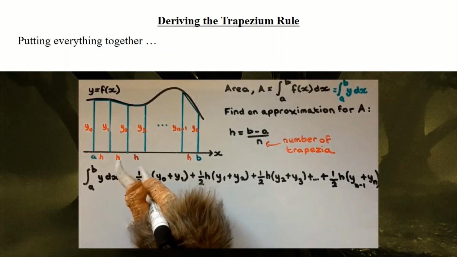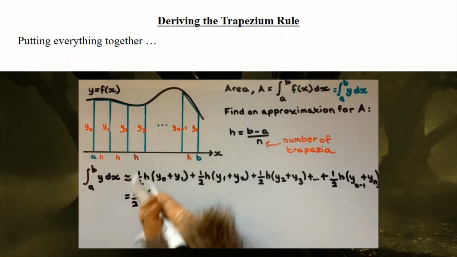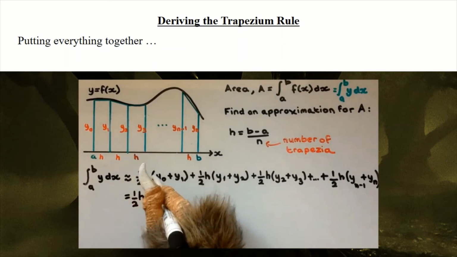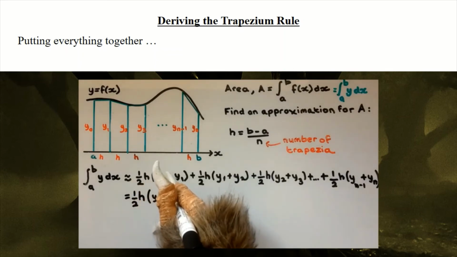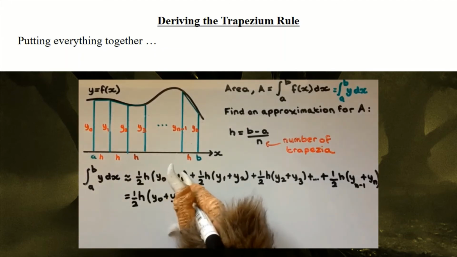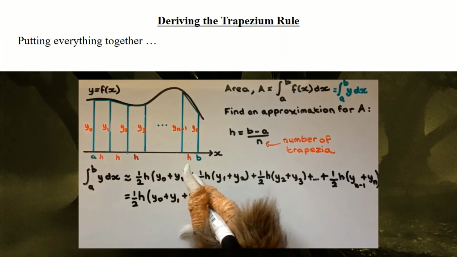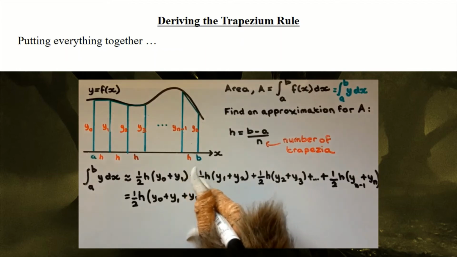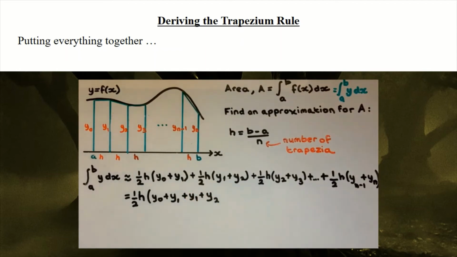So we're going to have y0 plus y1 from the first trapezium plus y1 plus y2 from the second trapezium. Okay, so I've taken care of this one and this one. Then I'm going to have y2 plus y3. Let's add that.